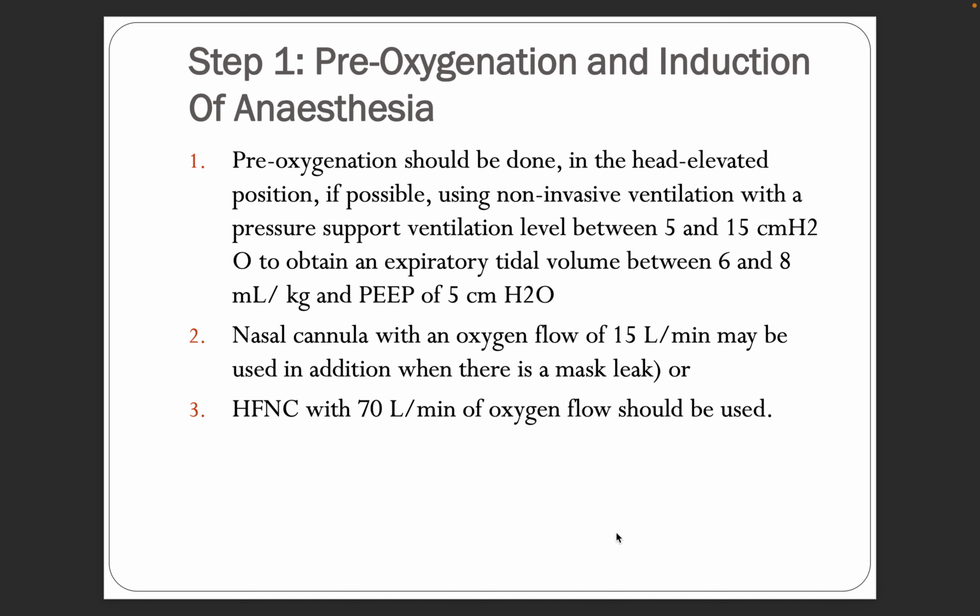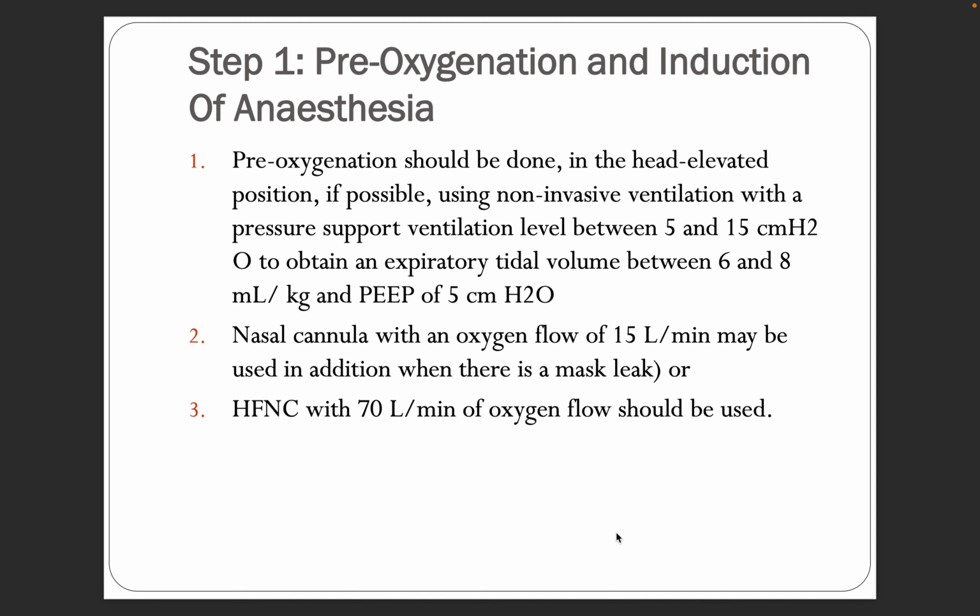So step one will be pre-oxygenation and induction of anesthesia. As we know, pre-oxygenation should be done in the head elevated position if possible, using NIV with pressure support between 5 to 15 and PEEP between 6 to 8. Tidal volume between 6 to 8 ml per kg and PEEP of around 5.